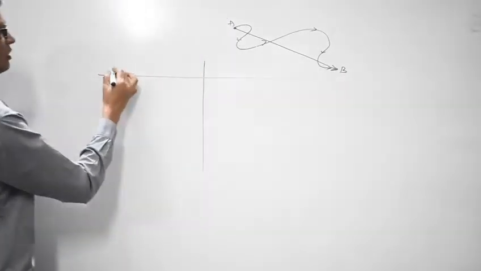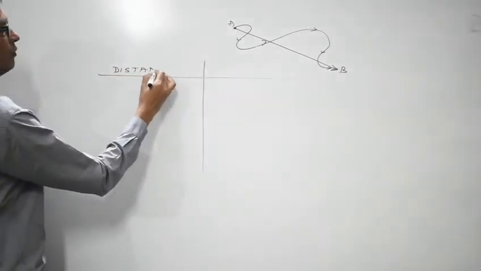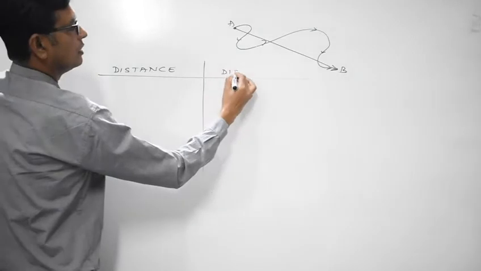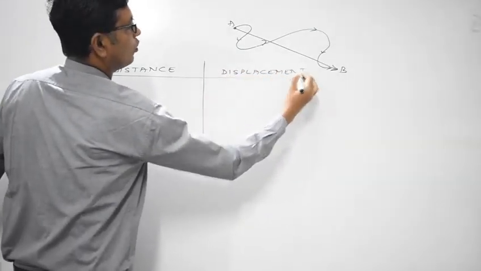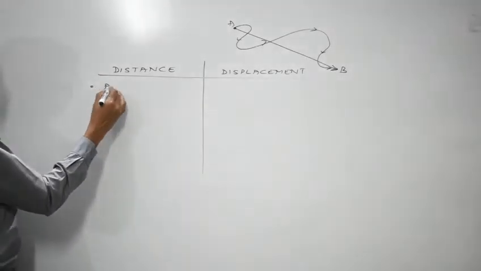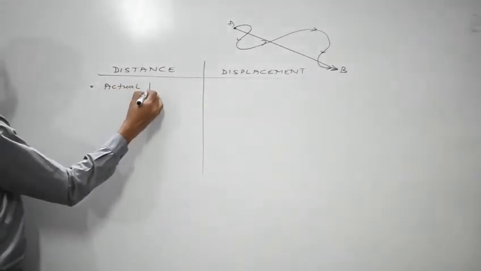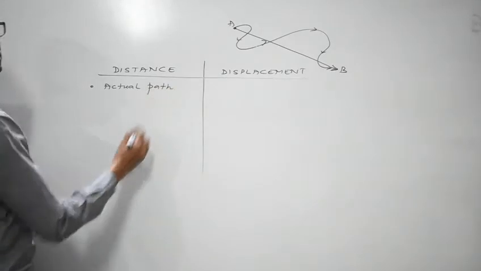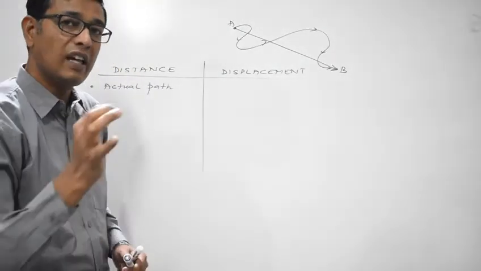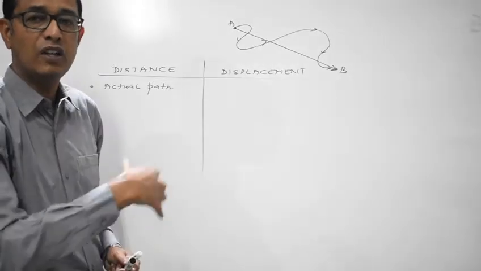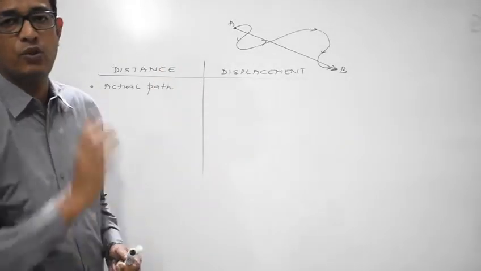difference. So this is distance and displacement. As I've told you, distance is the actual path. Distance covered by a body may be defined as the length of the actual path covered by the body between the two given points.